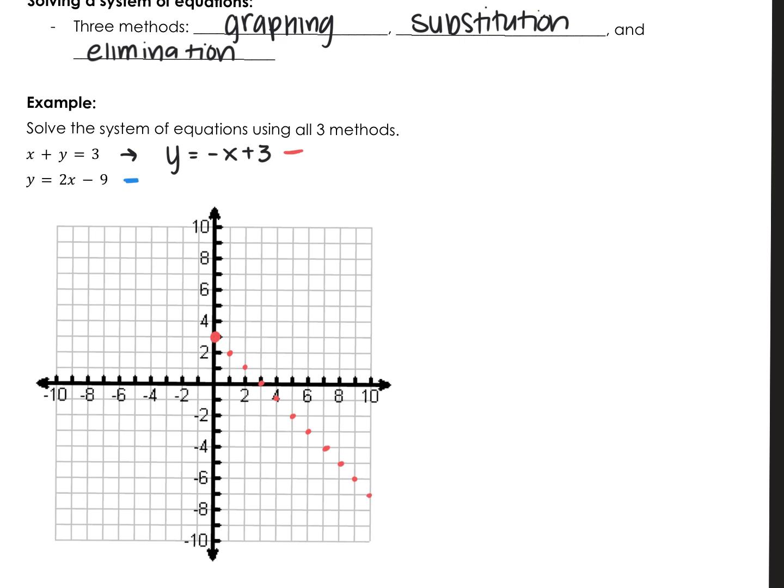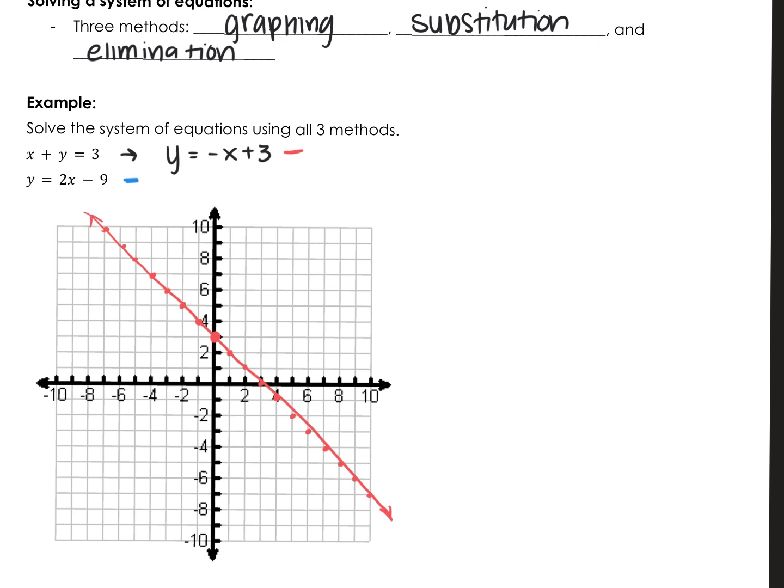And then I also go up 1, left 1. Connect those points, and that's my line.